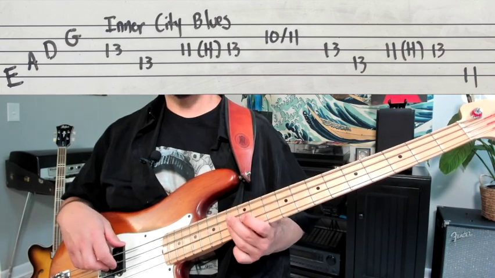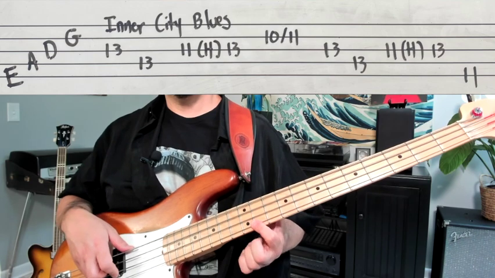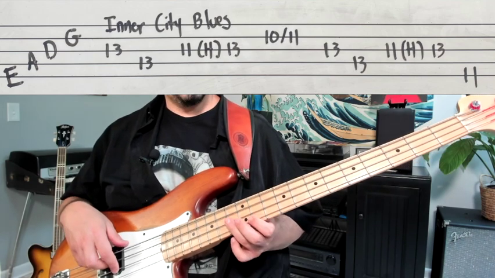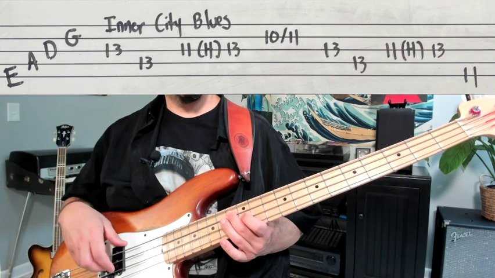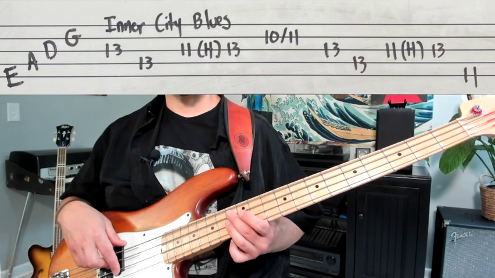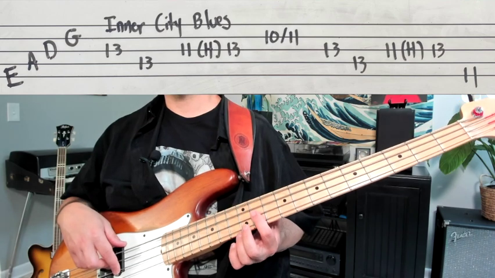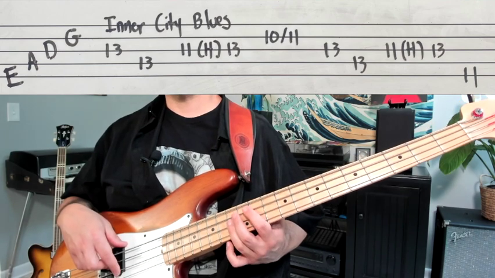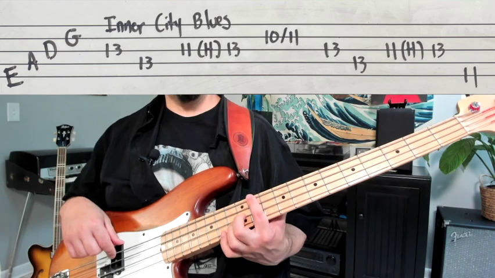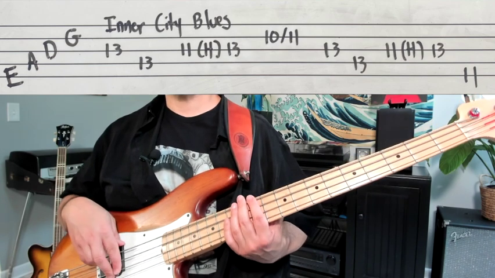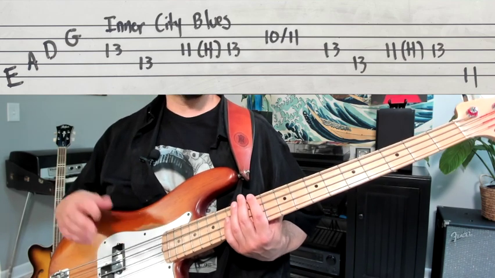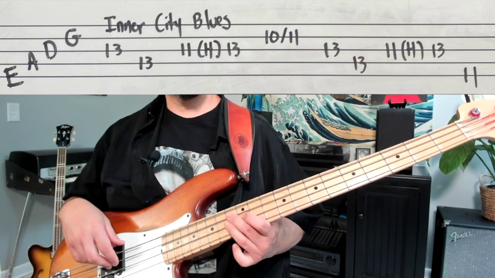So all together. And now I'm going to play 13 and 13 on the D and the A string. And here's another hammer on the D. Then I'm going to go to the E string on the 11th fret. So I've covered all 4 strings.